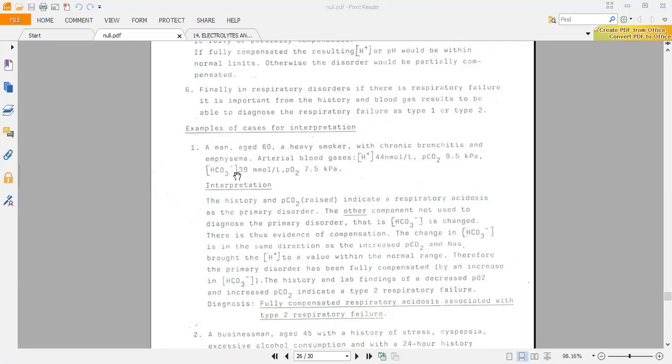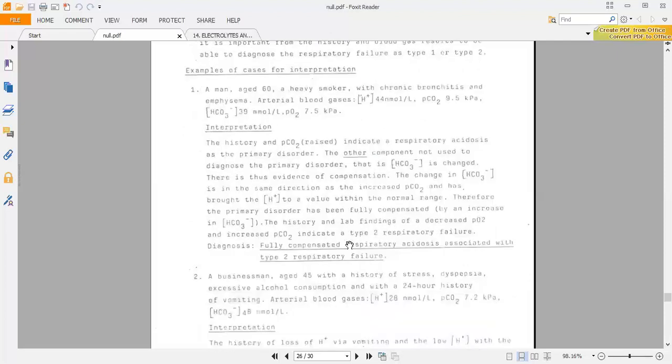It doesn't mean there's any problem with the bicarbonate. H plus is within the normal range. That means that the compensation has become very effective. So if I put everything together, the diagnosis is going to be a fully compensated respiratory acidosis.